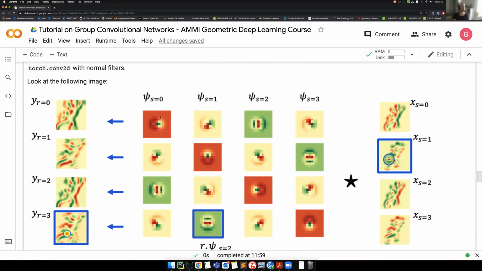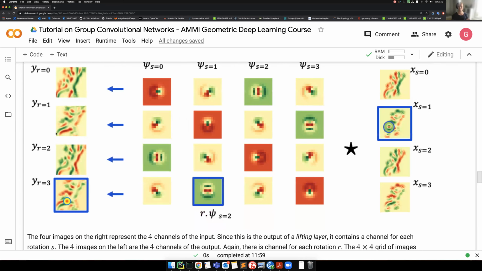You have a filter for s equals 0, 1, 2, and 3. And now the convolution for r equals 0 is going to be the sum over all of these. This filter is doing convolution over this image, this filter over this image, this filter over this image, and this filter over this image. Then you sum all of them together and get this image in output.